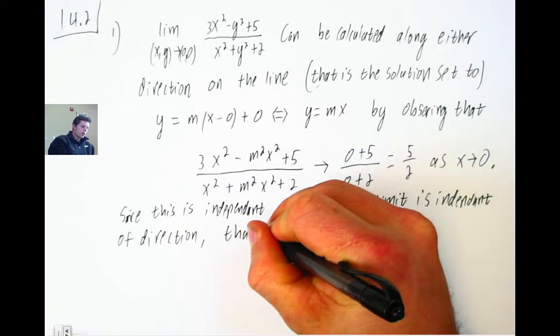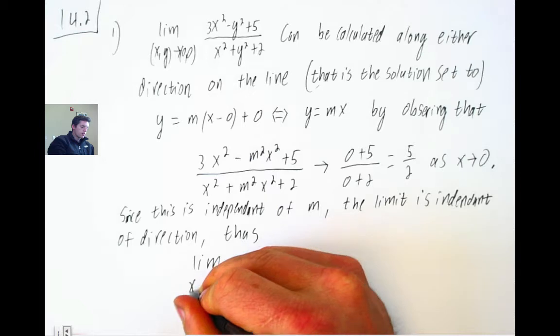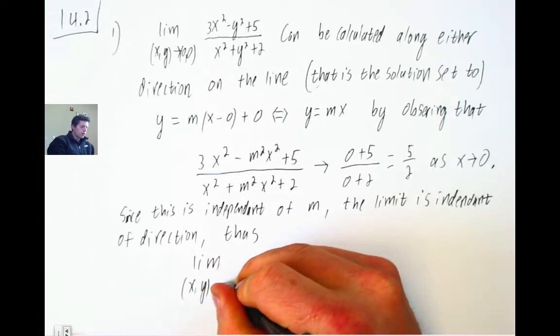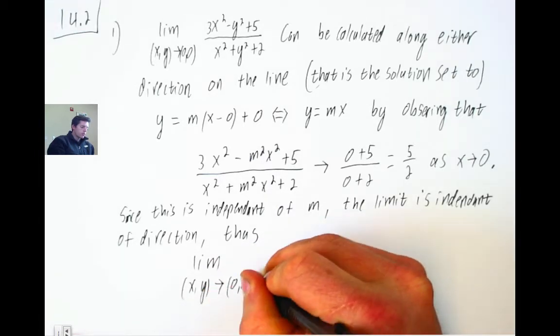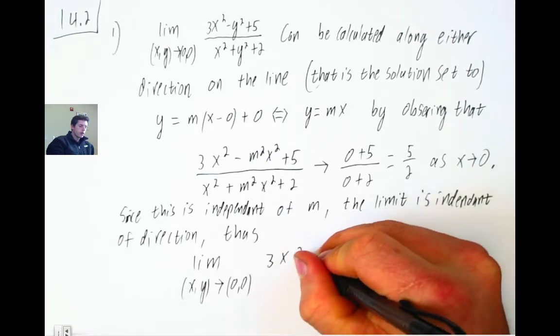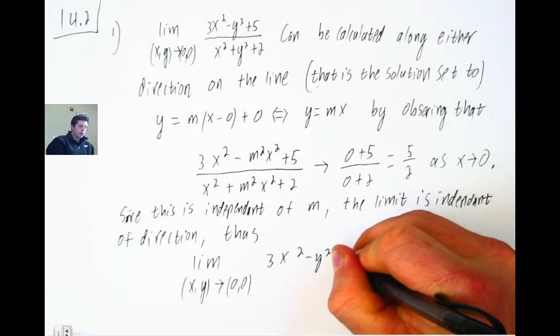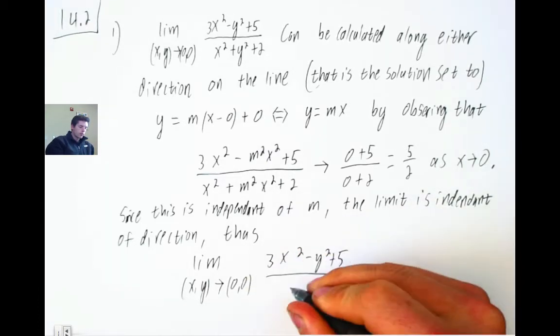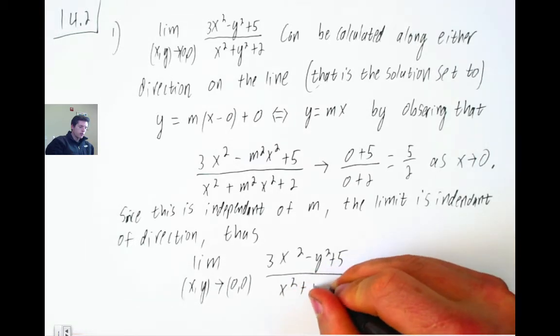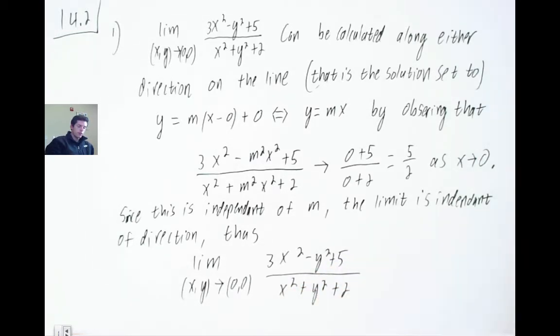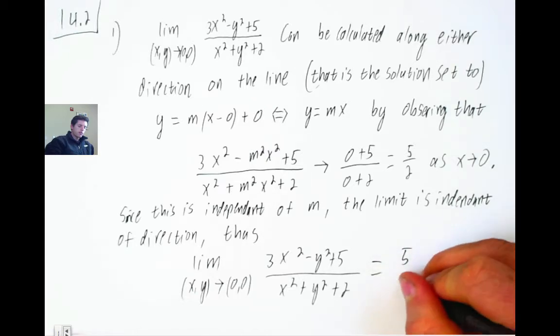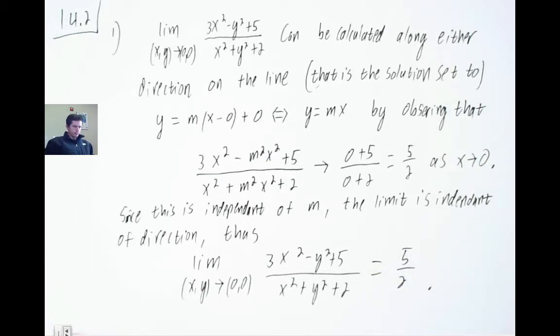Thus, this whole limit, going to (0, 0) of (3x squared minus y squared plus 5) over (x squared plus y squared plus 2), is 5/2.